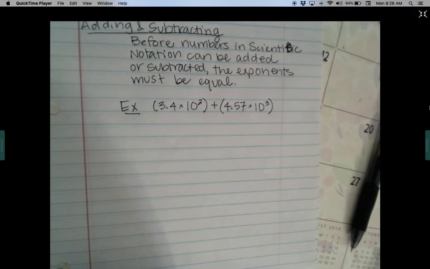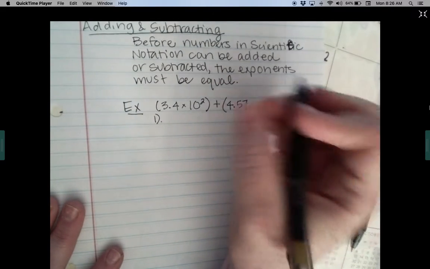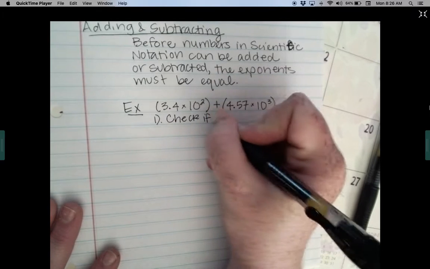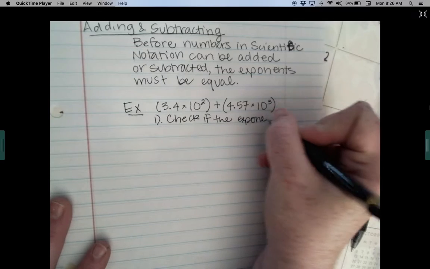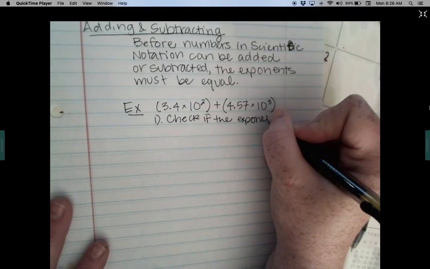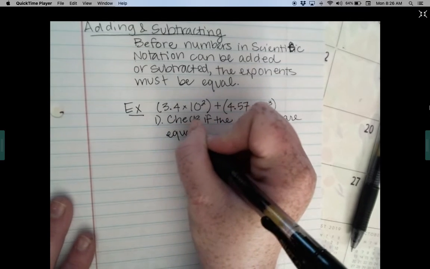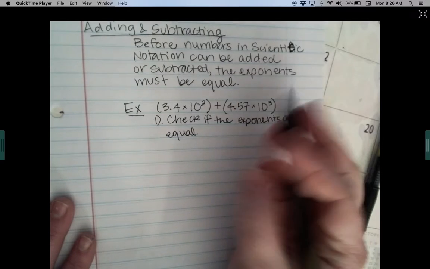So before we can do that, we have to make sure that our exponents are equal, okay? So step one is to check if the exponents are equal. Are they equal? No, one is a 2 and one is a 3. So 2 and 3 obviously are not equal to each other.